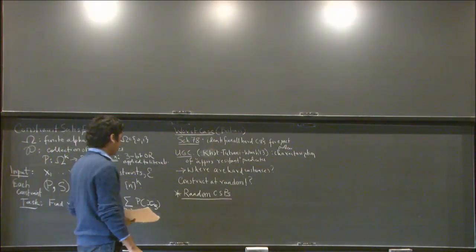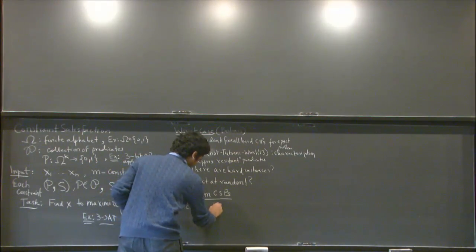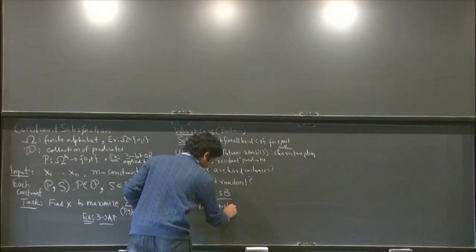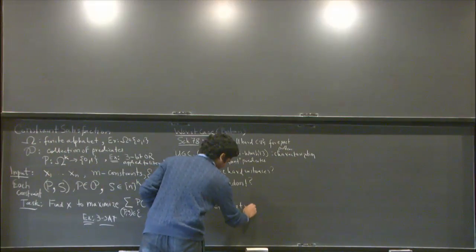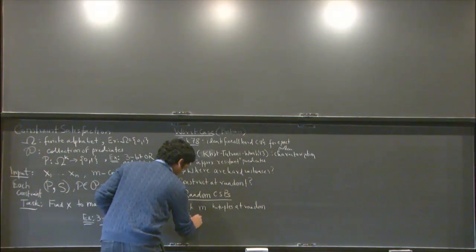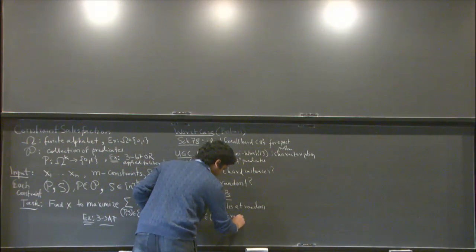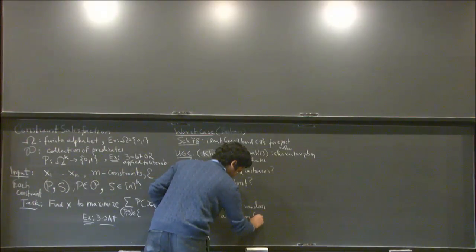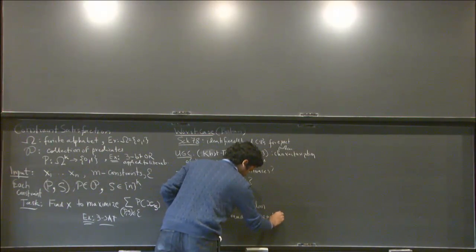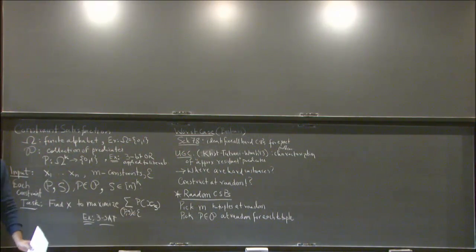What I would do is pick m k-tuples at random, and pick a predicate P from this set of predicates at random for each k-tuple. This gives me an instance with m constraints.